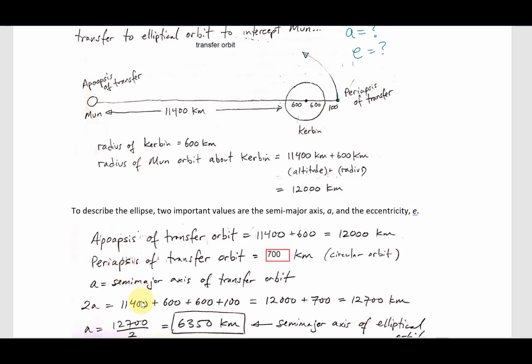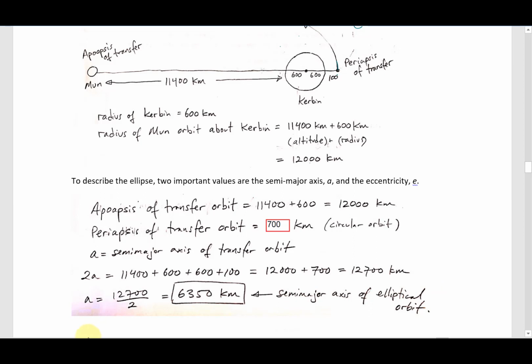So we're getting 12,000 kilometers on one side of the focus, 700 kilometers on the other side of the focus, 12,700 kilometers total for the length of the major axis. A is half of the major axis, so A is 12,700 divided by 2, 6,350 kilometers. That is the semi-major axis of the elliptical transfer orbit that we're calculating.